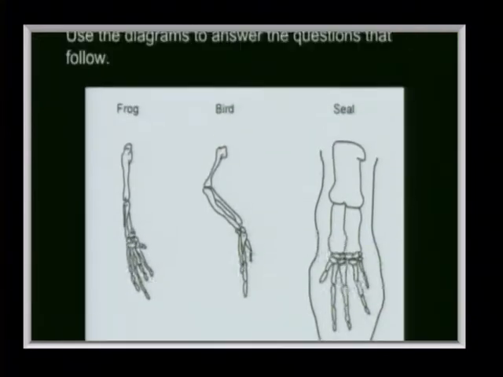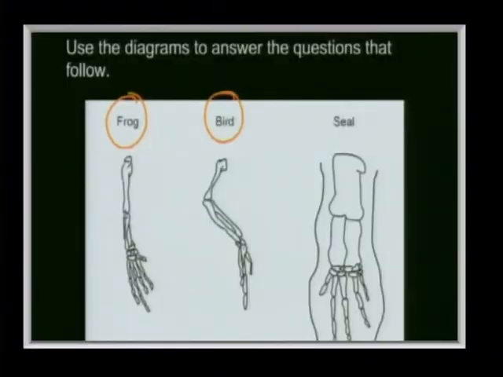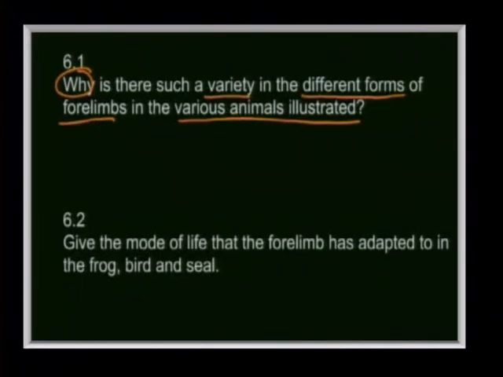So let's just have a look. We all know that frogs are amphibious, so they live on land and in water. So we know how they move. They swim or, of course, hop. You have your birds that fly, and you have your seal with their flippers that, of course, swim. So let's see. Why is there this variety?